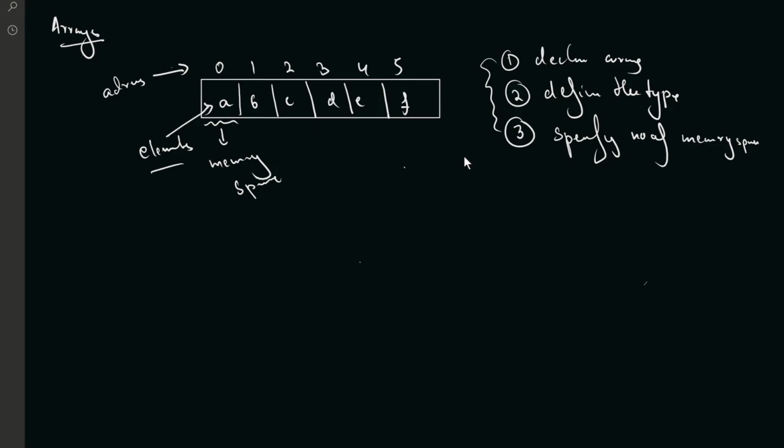Now there are two constraints. First, as I mentioned in the PSU example, you cannot insert any other type of data into this particular array. Why is that? Because this array is previously defined as character type. So this is a character type array. Alright.